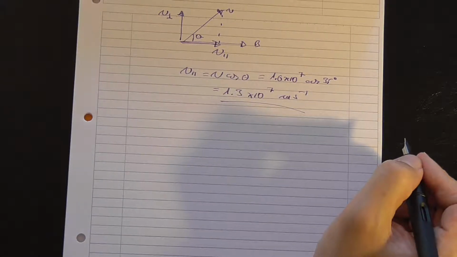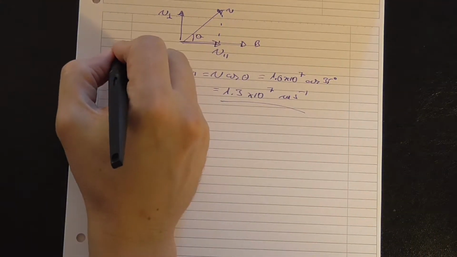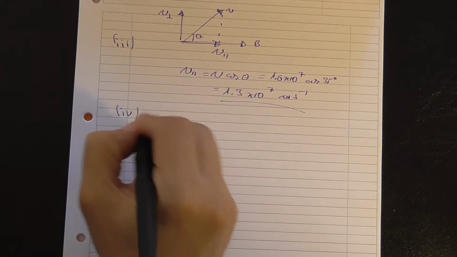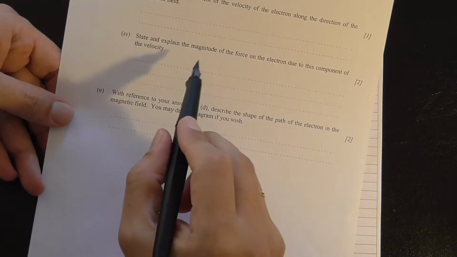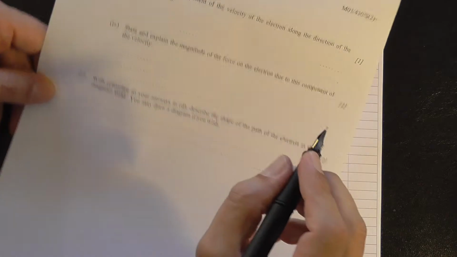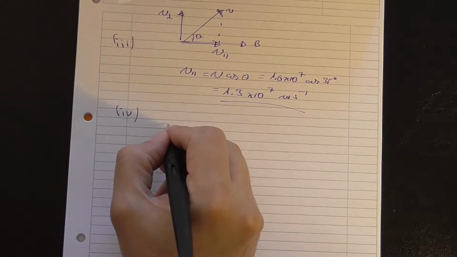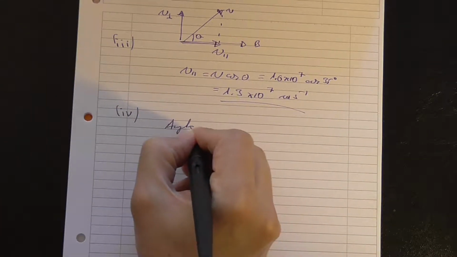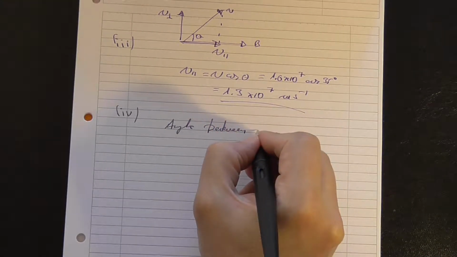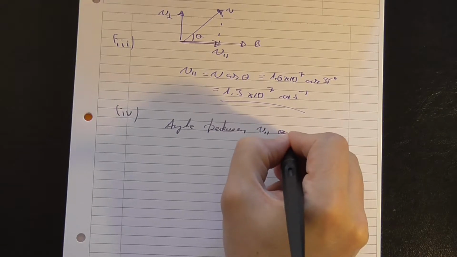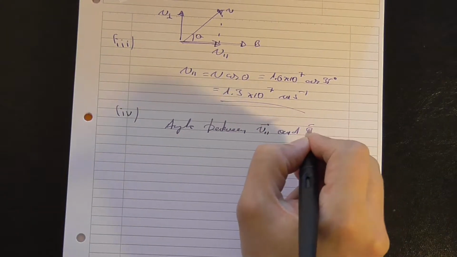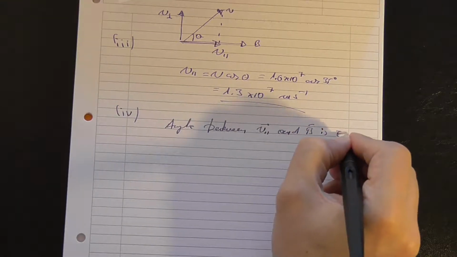What was the next question? So that was 3. 4 says, state and explain the magnitude of the force on the electron due to this component of the velocity. Well, the angle between V parallel and, as a vector, the direction of B is 0.